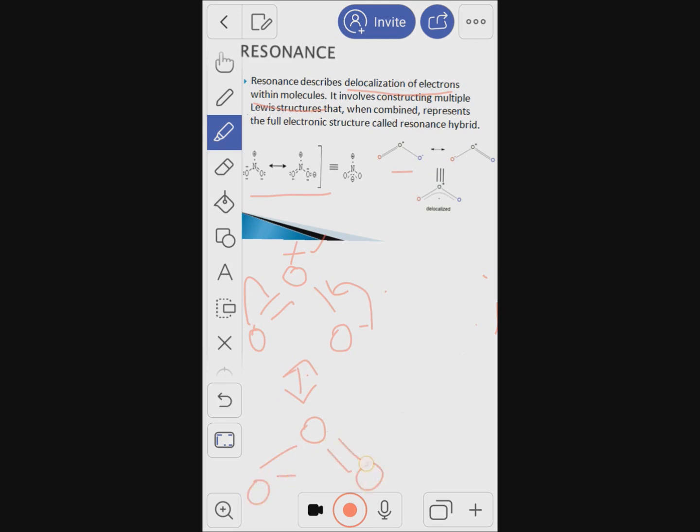And the resonance hybrid of ozone is like this. Here is the delocalization of electrons over the entire molecule, means all the three oxygen atoms. And this is the resonance hybrid of the ozone. And this phenomenon is called resonance.